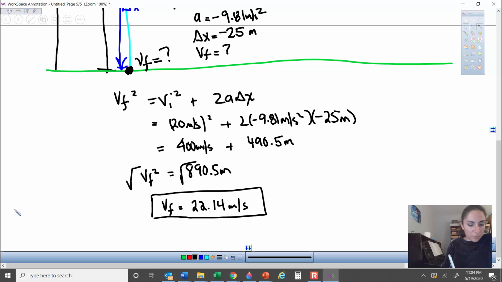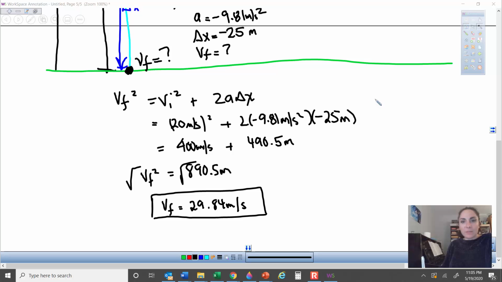Yes, I did. I knew I messed up something. It's in my calculator. I was like, it should be faster. I was right. Trust my instincts. 29.84. There we go. That's better. I remember it being close to 30. Cool. So that's the velocity right before it hits the ground.